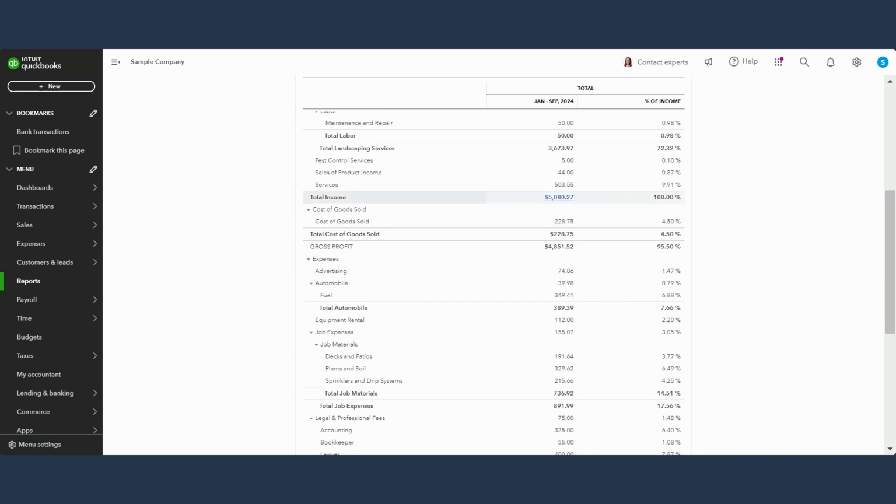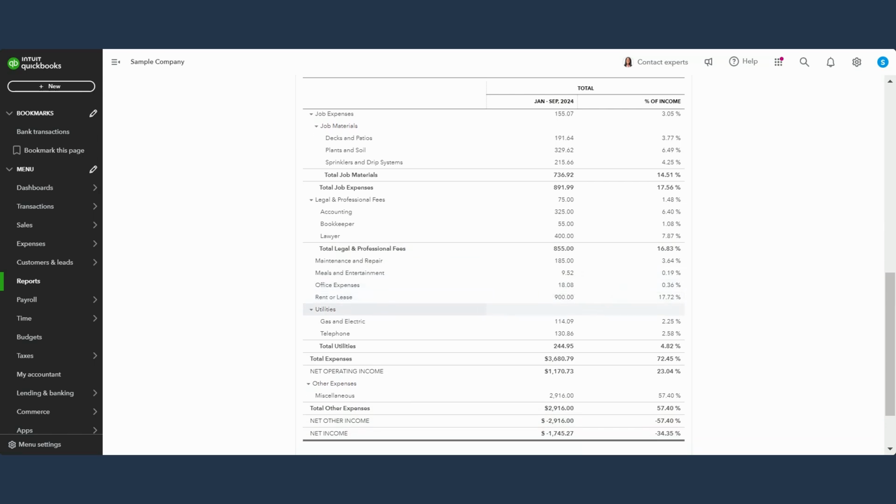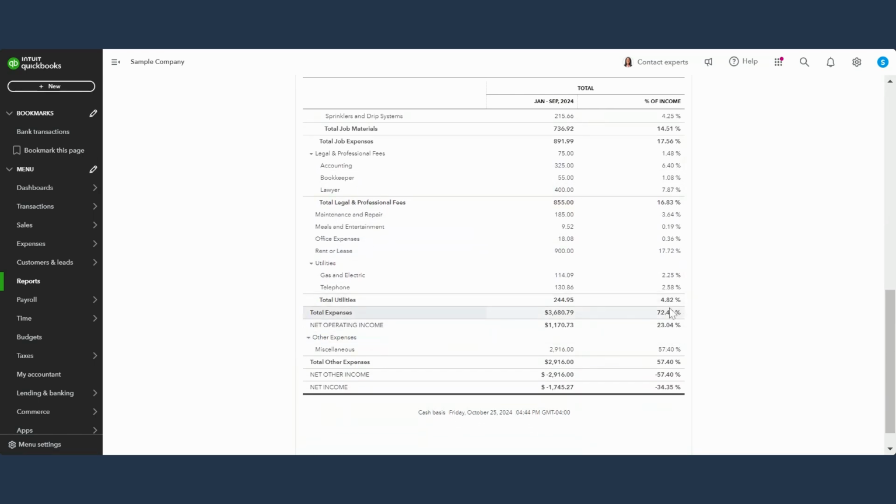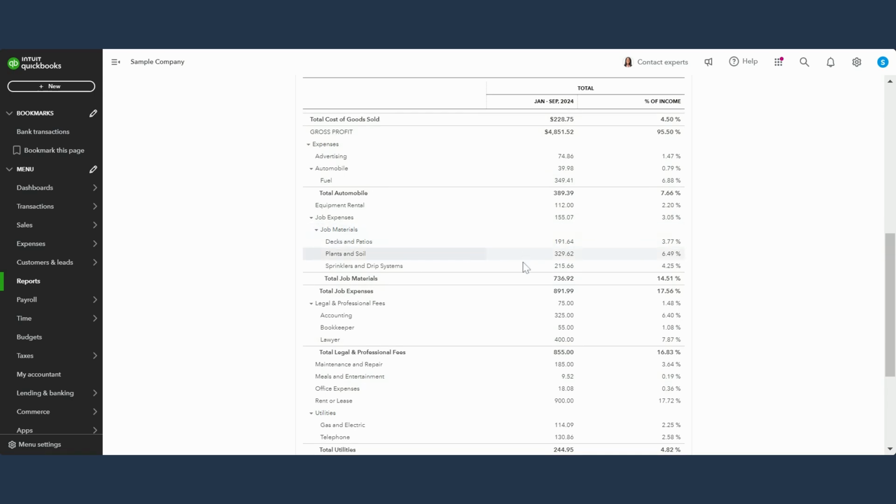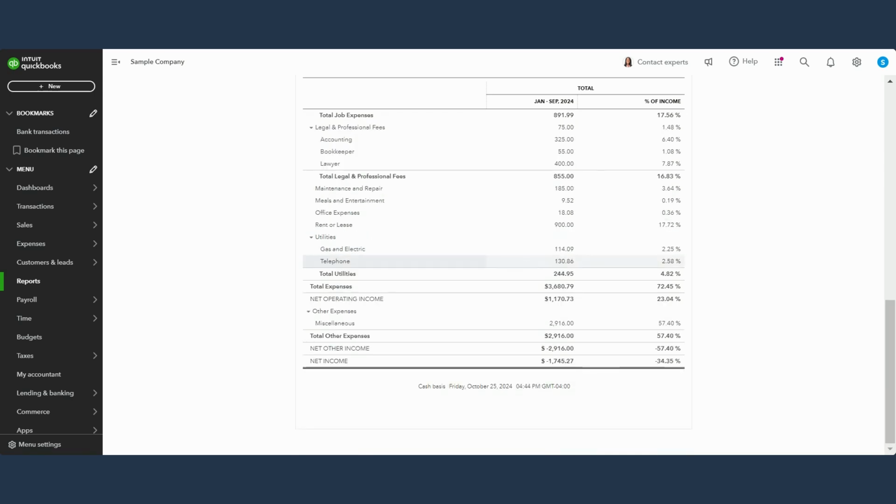This business is spending about 4.5% on the cost of goods sold. Look at the biggest expenses in your business. For example, 16% on legal and professional fees here. Total expenses are 72%. And look at your gross profit and net income percentage, and again, plan accordingly for the future. This is a report you should look at at least once a month. Otherwise, you wouldn't know what's going on in your business and how to plan for the future.